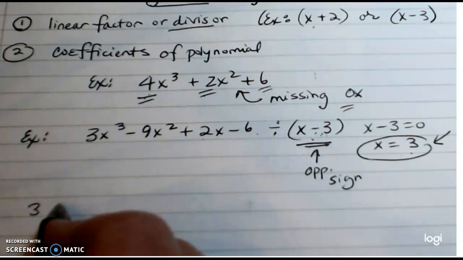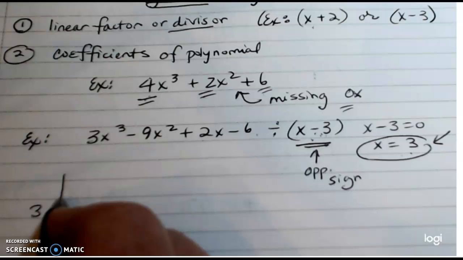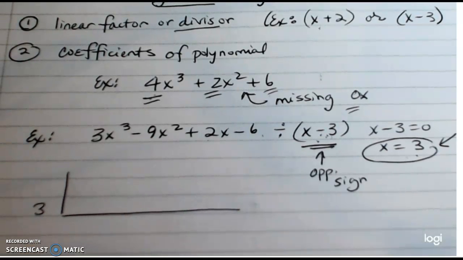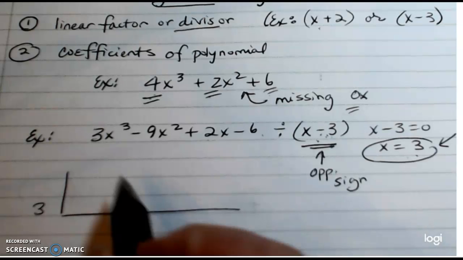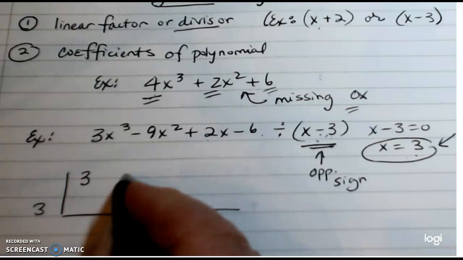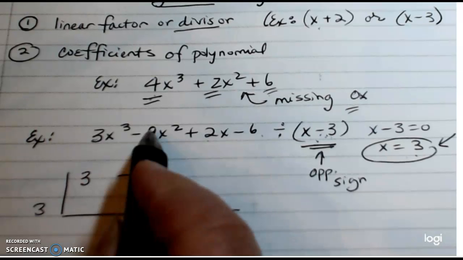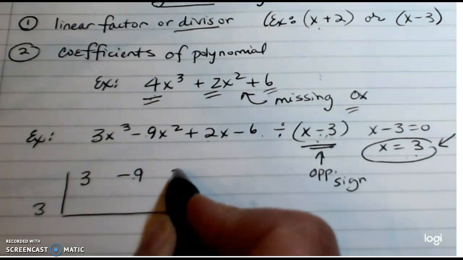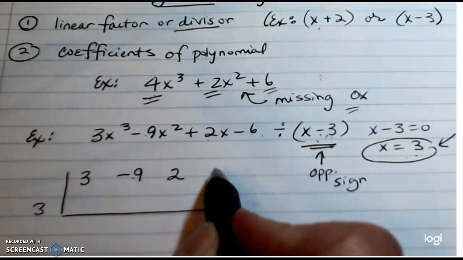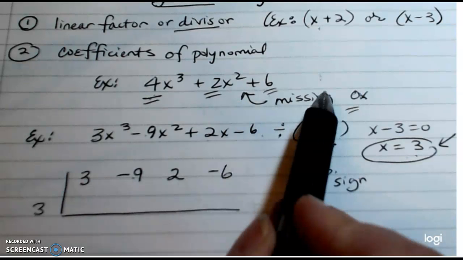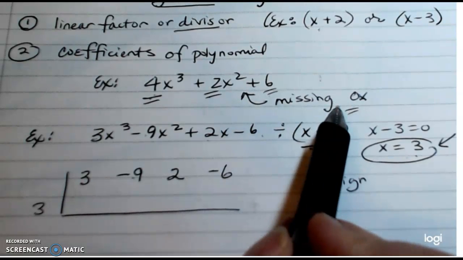But I'm going to set them up with sort of an upside down division box, if you will. And my coefficients are going to go up in the top part of the box. Be sure to include any negative sign with the coefficient, and include any 0 if you have a term, like in this polynomial, that's missing a term.